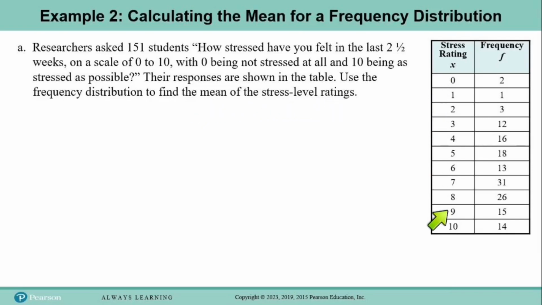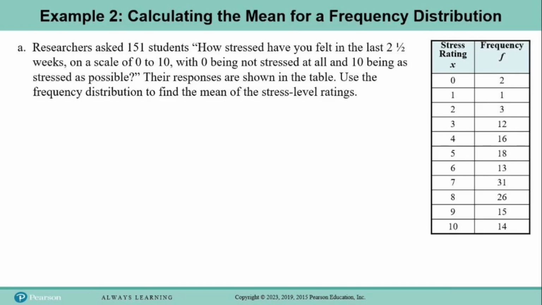Now these numbers in the left column are the stress ratings, and these numbers in the right column are how frequently that number was reported. So I think you can probably tell that with a table of this size, it's going to be a lot more practical for us to either use our formula that's been adjusted to find the mean of a frequency distribution, or just use the calculator's statistical function.